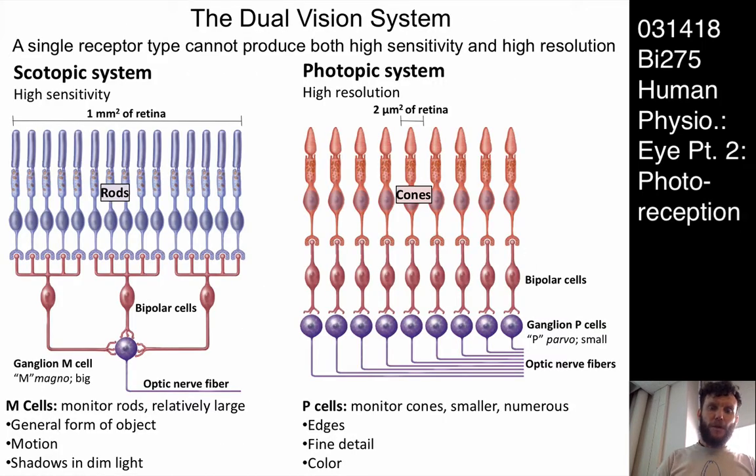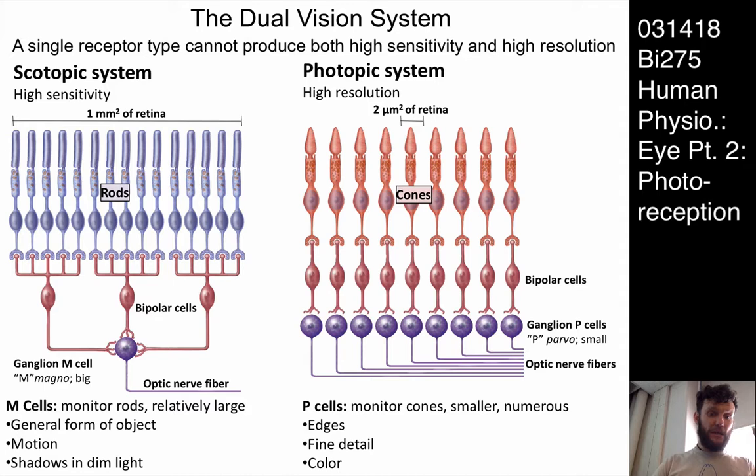All right. So here's the dual visual system that I was just alluding to. The scotopic versus the photopic system. The scotopic system is that which is delivered by the rods, and this is super high sensitivity.